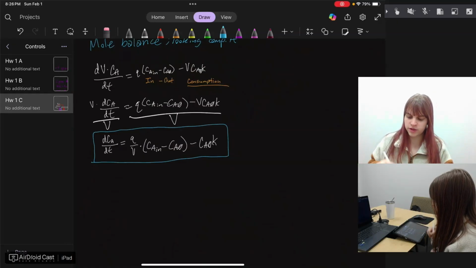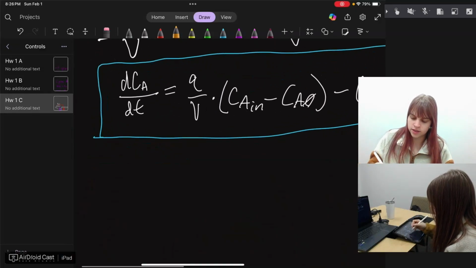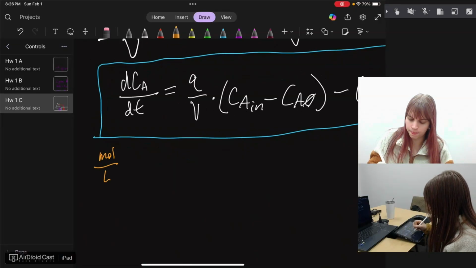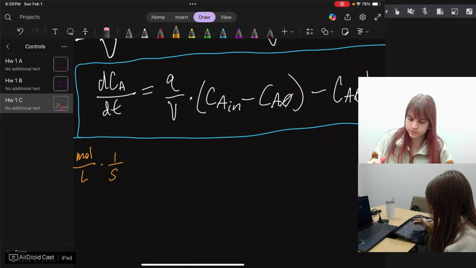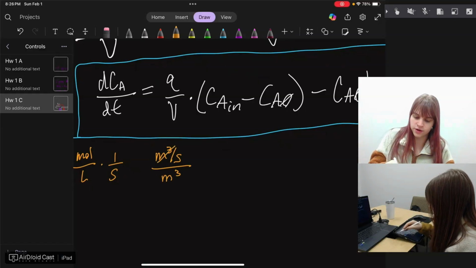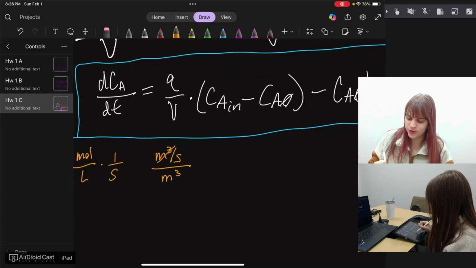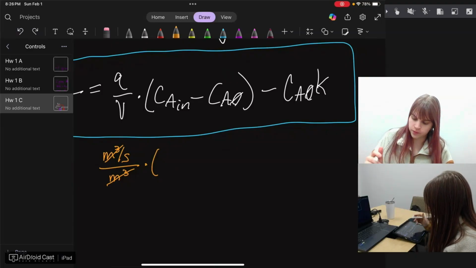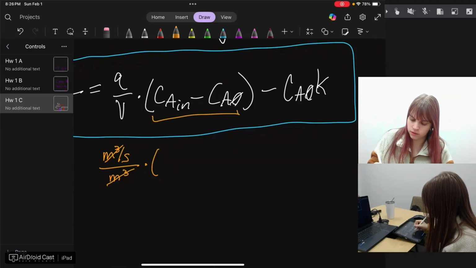I do want to go ahead and make sure that the units look good. So we know that Ca is moles per liter. It's the concentration of A. And dt will add a time down there. Meters cubed per second divided by meters cubed, multiplied by, this would just be moles per liter.